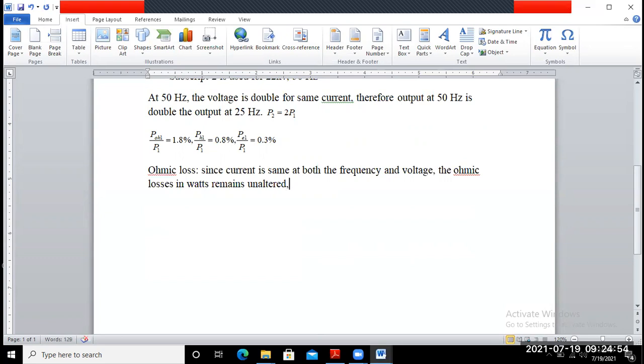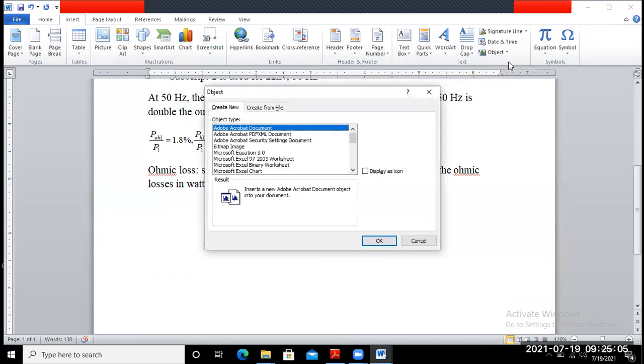It doesn't change, since the current is the same in both conditions.